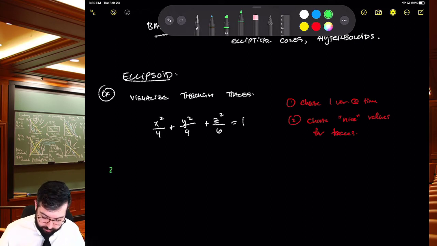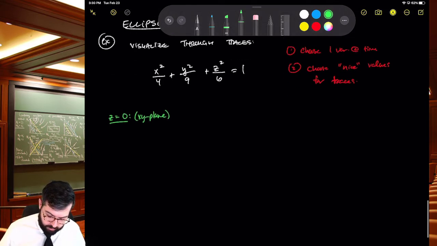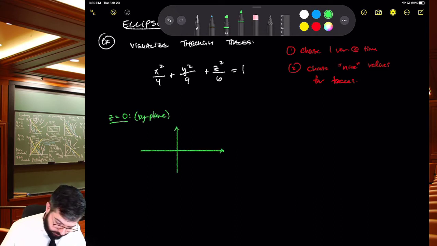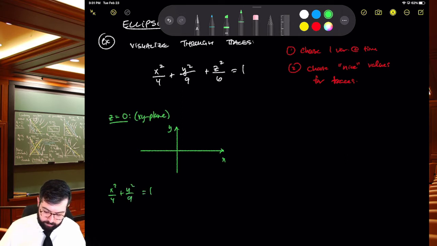So to start off, let's say I take z equals 0. So the z equals 0 trace is really in the xy plane. So when z equals 0, xy looks like this. So the curve is really x squared over 4 plus y squared over 9 equals 1, which is an ellipse.